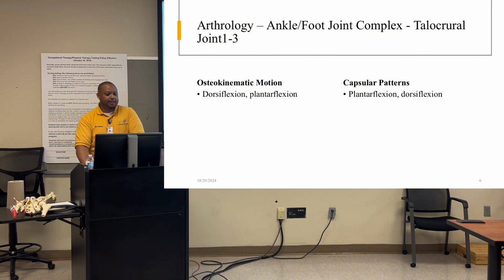Same thing at the talocrural joint. Typically you're going to have a greater restriction with plantar flexion than dorsiflexion if there is a capsular pattern of restriction, because typically you can achieve more plantar flexion than dorsiflexion. Therefore, plantar flexion is going to be more restricted if there's a capsular pattern of restriction.